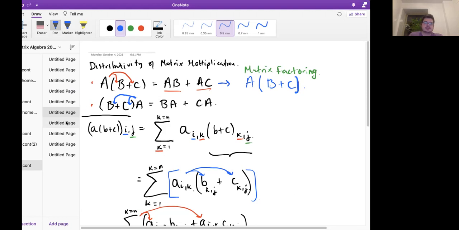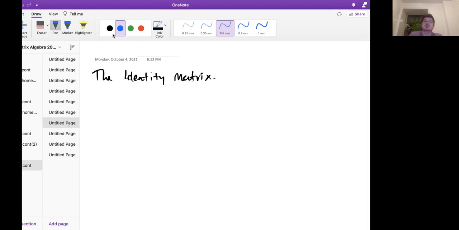All right. So let's talk about the identity matrix. Let's just give a definition of what this is. The identity matrix is the multiplicative identity.